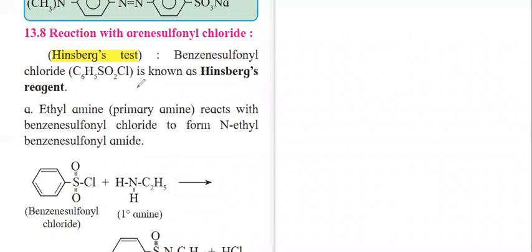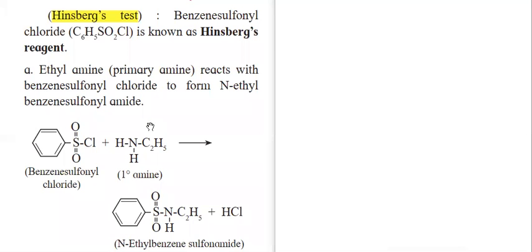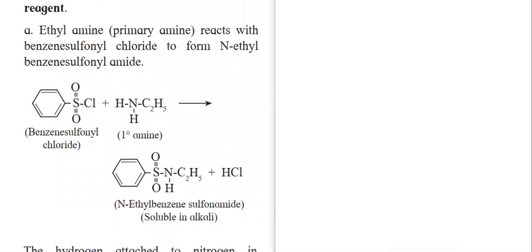Arene means here it is taken as benzene. Benzene sulfonyl chloride is known as Hinsberg's reagent, and it is used for the reaction purpose. I will show you the reactions now.